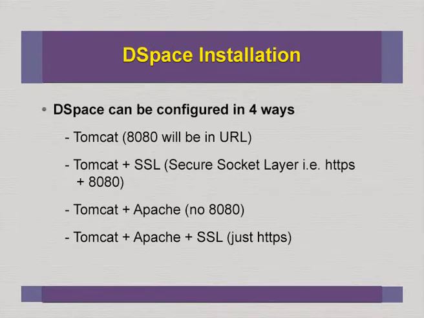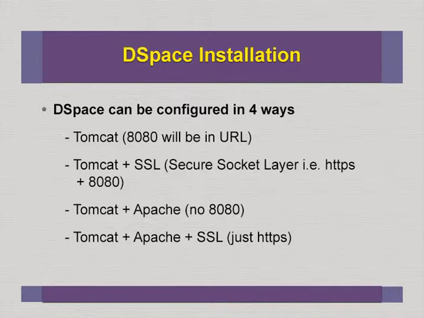So, DSpace installation can be run in 4 ways. One is, once you compile DSpace, you can run DSpace on Tomcat. This is the fairly simple one. But again, remember the disadvantage being in the URL 8080 will appear, or whichever port you have chosen.